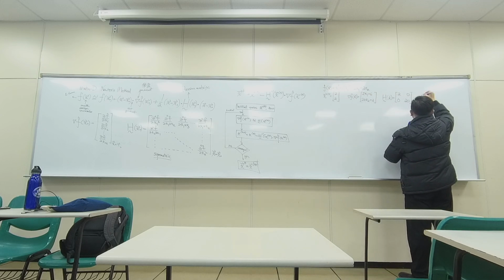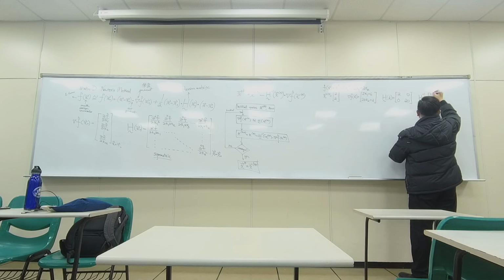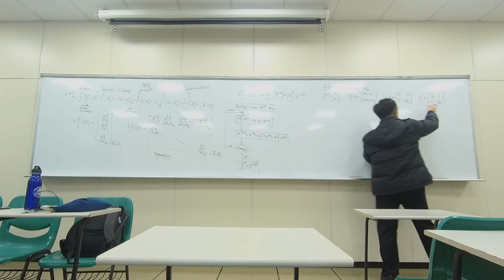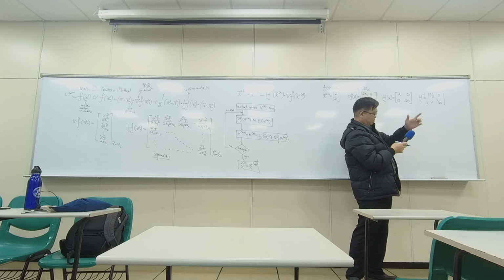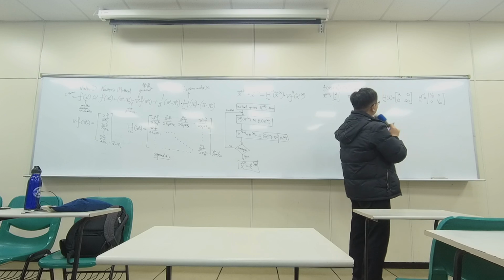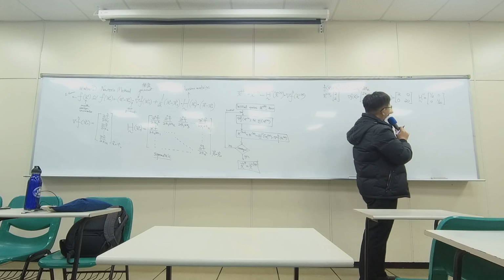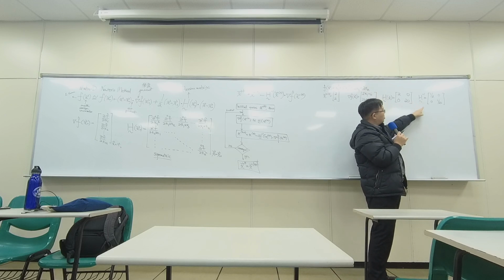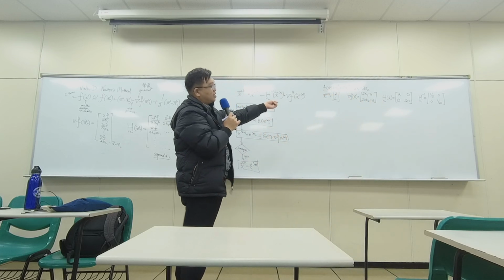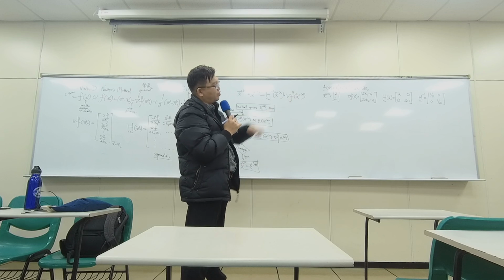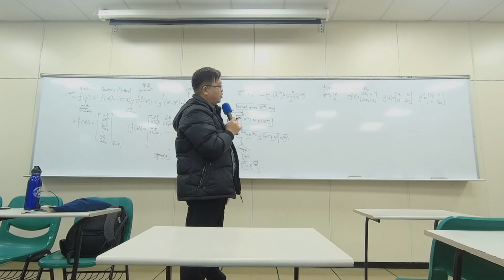So my inverse Hessian always looks like this. You can try it: H dot product H inverse. At the end, it's going to be identity. So that means that matrix is the correct inverse matrix.